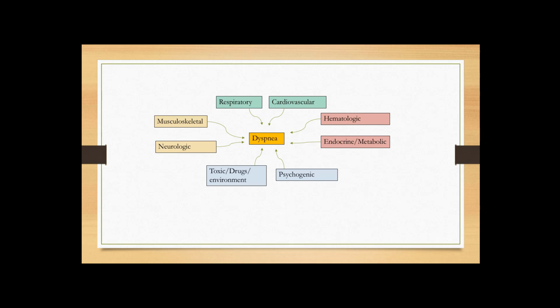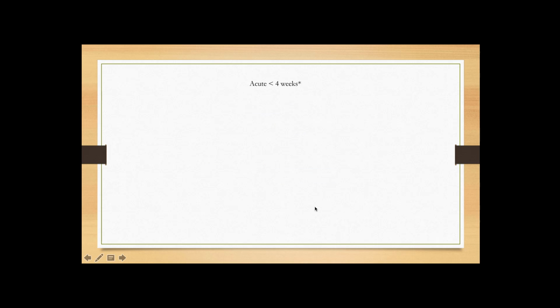So how do we approach a patient who comes in with shortness of breath, and how do we know what category of diseases our patient belongs to? So we will identify some high yield questions, and also we will recognize some red flags and recognize life-threatening urgencies and emergencies. So let's get started.